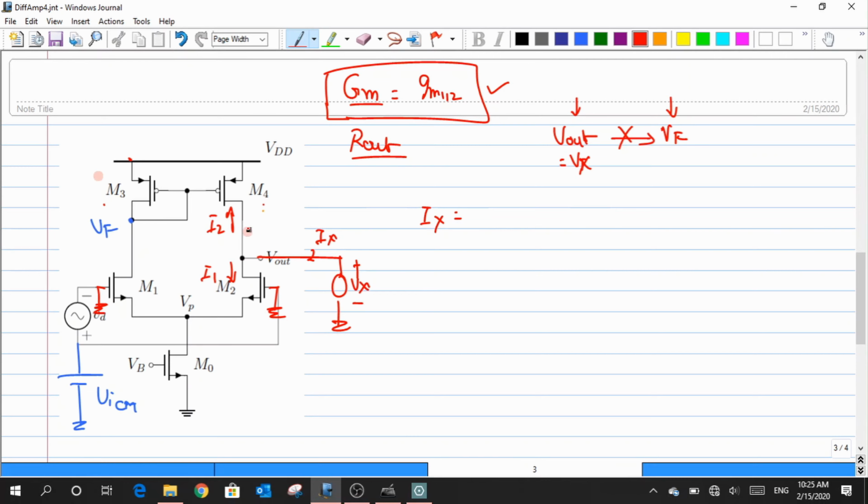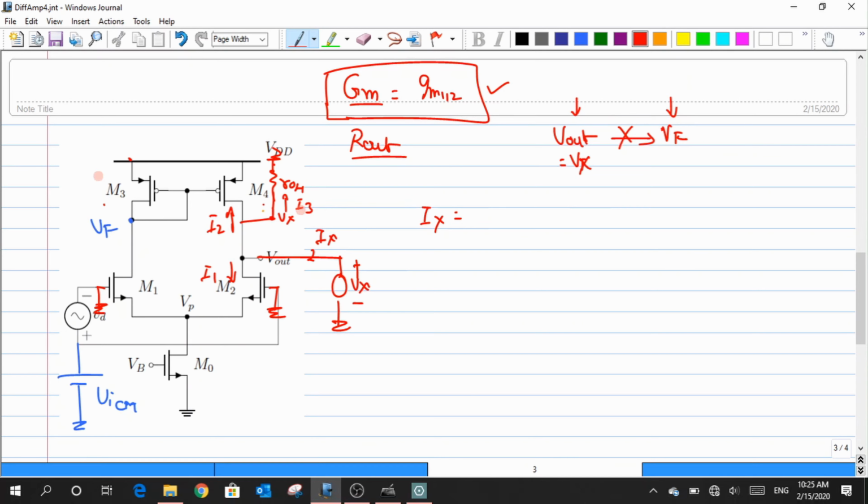Okay. But apart from these two currents, there is also one more third component of my current Ix. What was that? Yeah, M4. Just because there is a finite amount of resistance whose value is RO4, I have a potential of Vx at this particular node. Okay. So whenever there is a potential difference across any resistance, obviously there will be a current flow through them, right? So here there is a current flow which I label as I3.